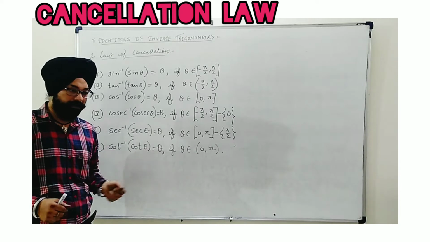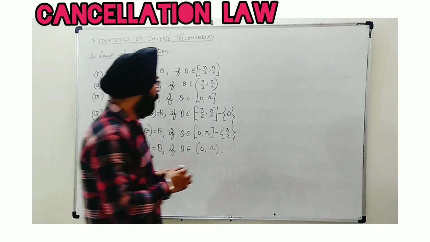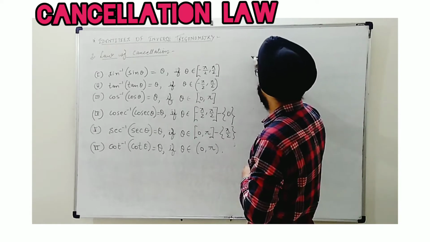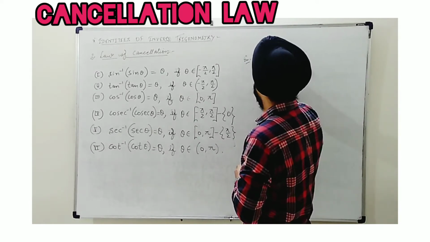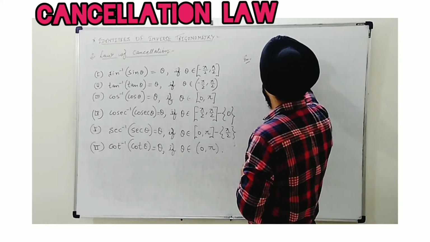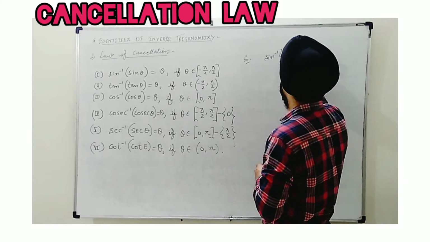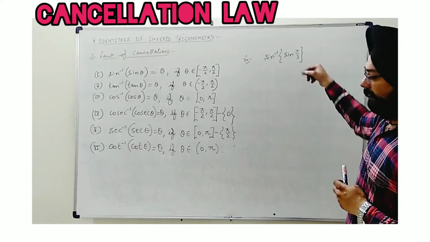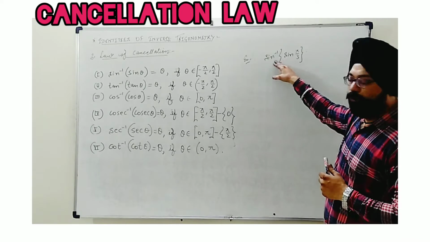What is the principal branch? What does it mean? How is it applied? Suppose I am writing somewhere, for example, sine inverse of sine pi by 3. Now we need to check whether we can cancel these two or not.